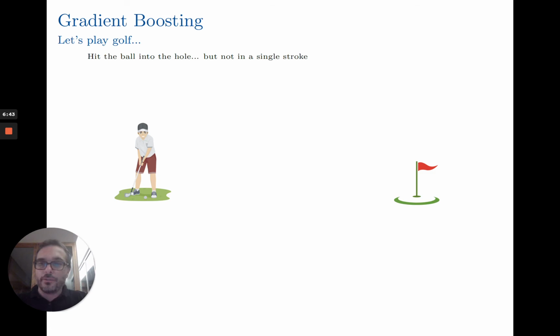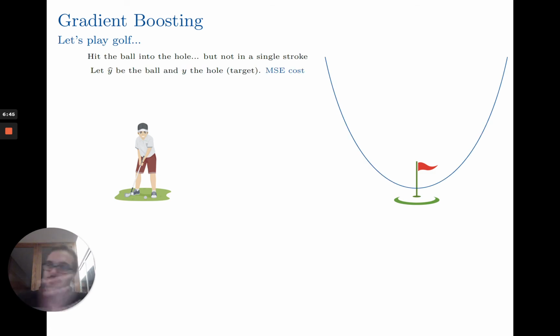So imagine that you hit the ball in the direction of the goal, and let's measure our performance, how far we are from our target, with a square loss, with a mean squared error cost, okay? And this is what's plotted by the blue curve. Let's assume that the ball is y hat, your prediction, and y is the hole, the target.